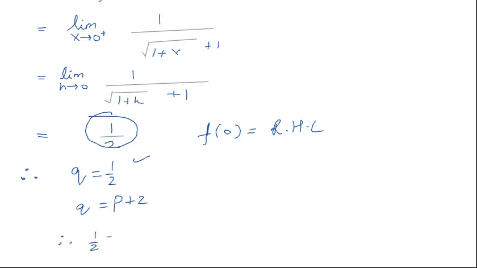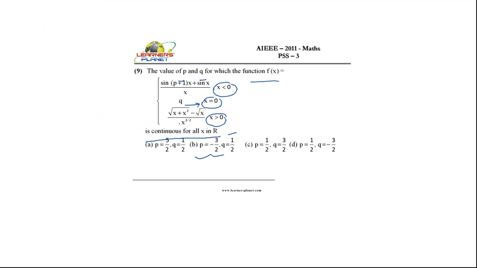Therefore 1/2 equals p + 2, and that gives us p equal to −3/2. So let us check which is our correct answer. We can see here that p is equal to −3/2 and q is equal to 1/2. So B is the correct option.